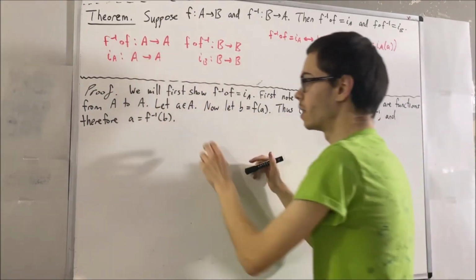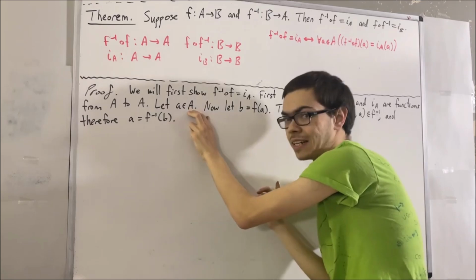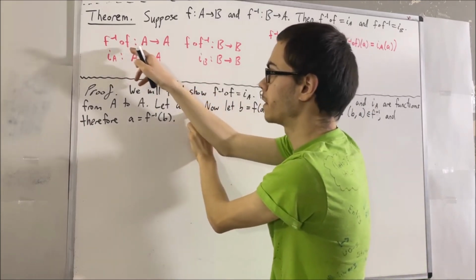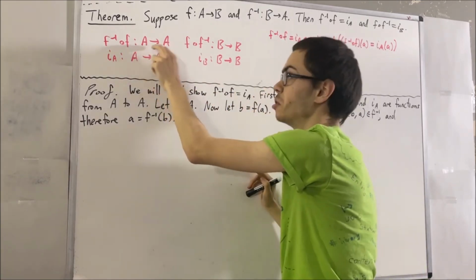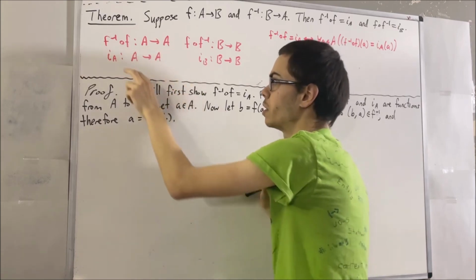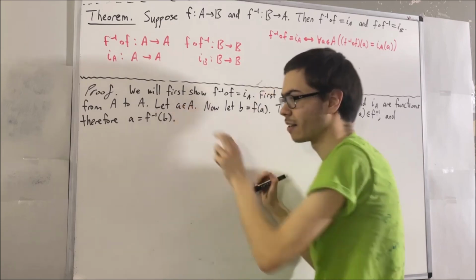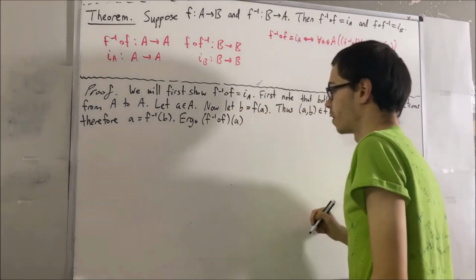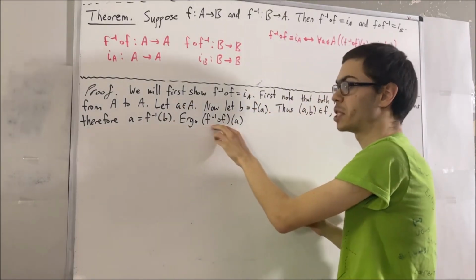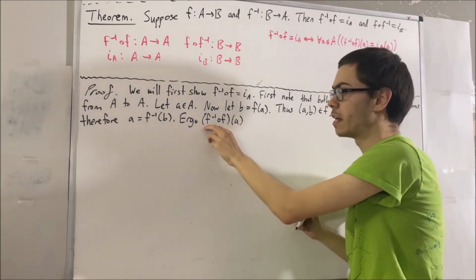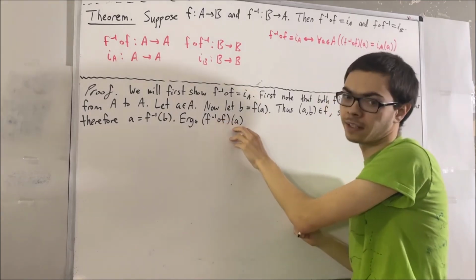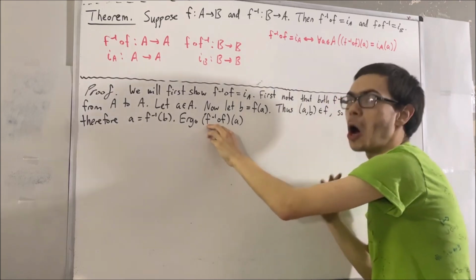But also notice, we have that a is an element of A, and f inverse compose f is a function from A to A. So really, we know that f inverse compose f has a functional value at a. And if you recall from compositions of functions, we know that f inverse compose f of a is equivalent to f inverse of f of a.